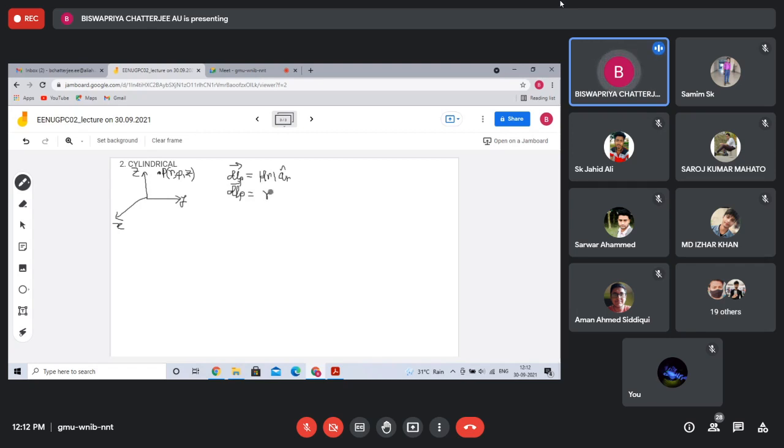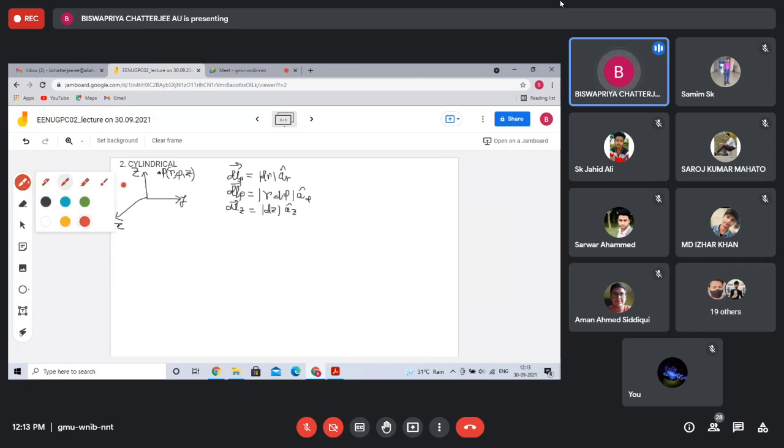It should be r d phi phi cap. Similarly dl z is dz in magnitude, and its direction is az.